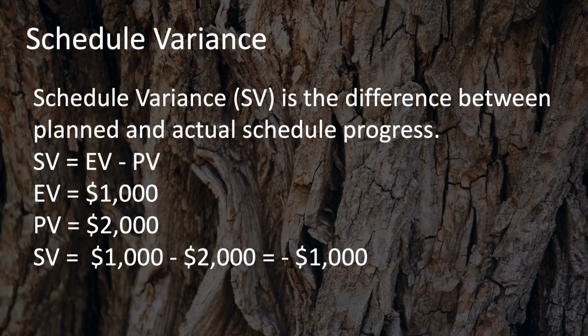As the project is behind schedule, it is expressed as a negative number, minus $1,000. The formula is schedule variance equals earned value minus planned value. In this case, the schedule variance is the earned value of $1,000 minus the planned value of $2,000, resulting in minus $1,000 of schedule variance.